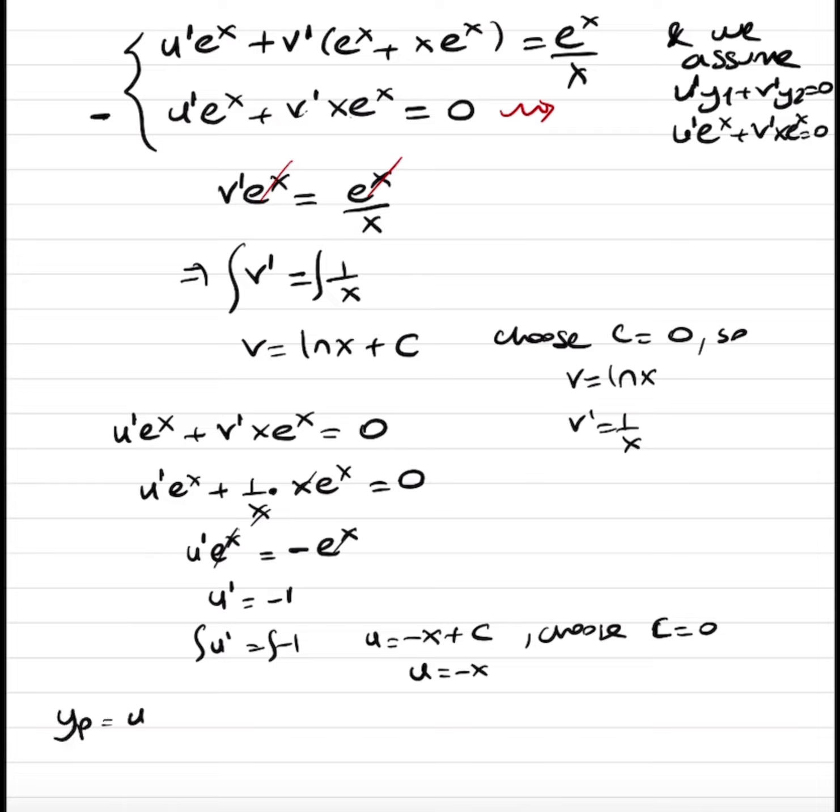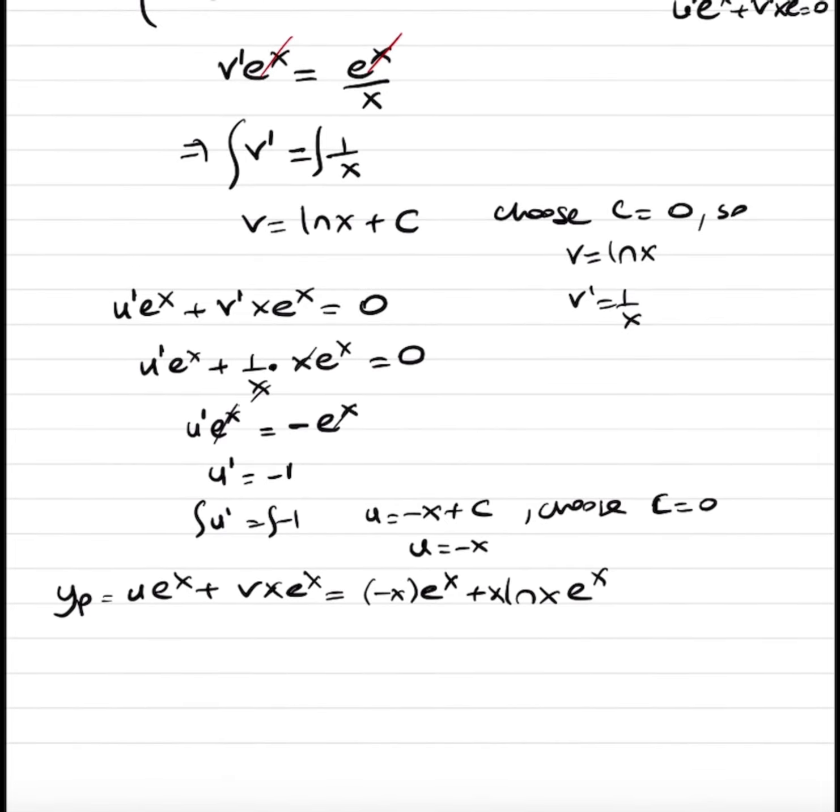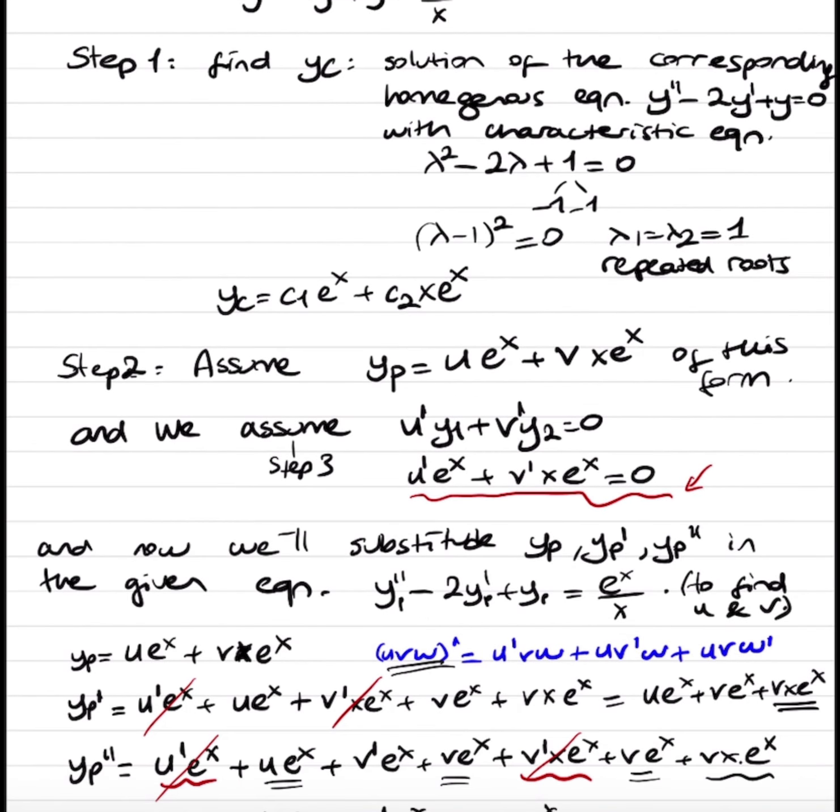Then what is y particular? It is u times e to the power x plus v times x e to the power x. So we find u is minus x, so minus x e to the power x. What is v? ln x. Okay, I will write x here, and x e to the power x. Then what is the general solution? So we know that the general solution is y complementary plus y particular. What was y complementary? We found y complementary here, right?